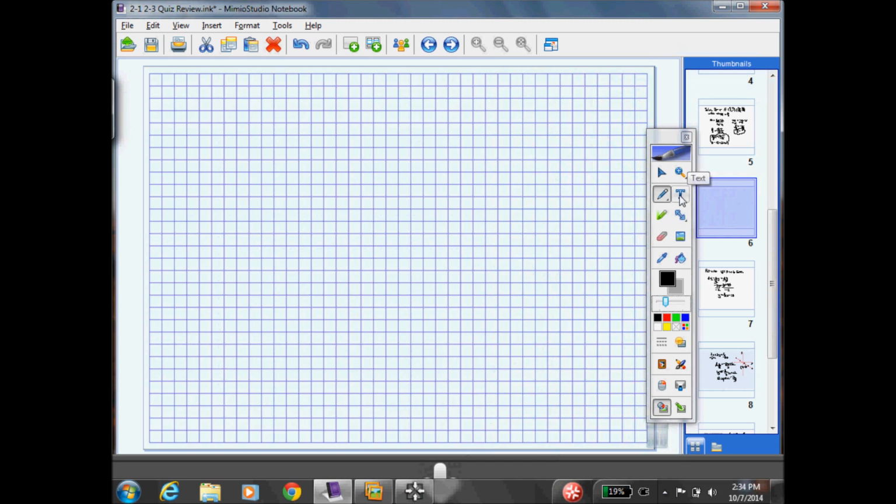Now there's a couple different types of things you could graph. So we'll do a couple on the same graph. We're going to graph 2x plus 5y equals 10. Now we had a couple of different ways to do it. If I were you, I would graph this one using the x and y intercept method. Who remembers what the x and y intercept method is?